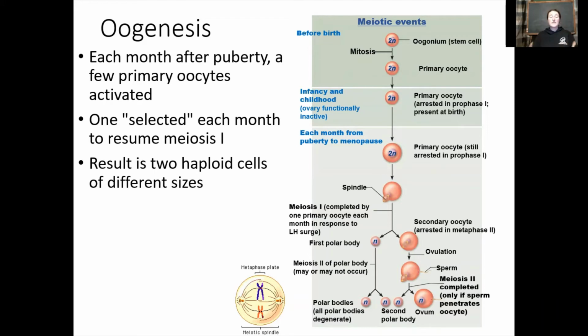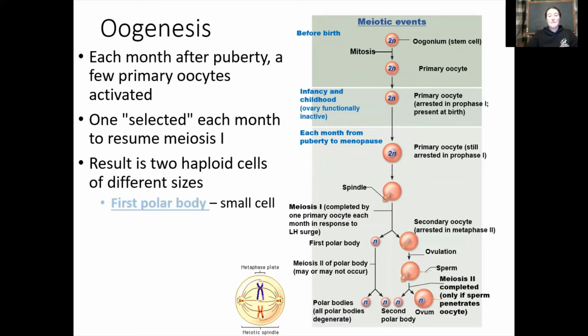All of the other cytoplasmic contents, all of the other organelles and energy and sugar and everything are going to remain in the secondary oocyte. Essentially, the secondary oocyte is taking the contents of 4 gametes and packing them into 1 gamete. So when you look at images of sperm and egg, the oocytes are always huge because the oocytes contain cytoplasmic contents of 4 cells instead of just 1.